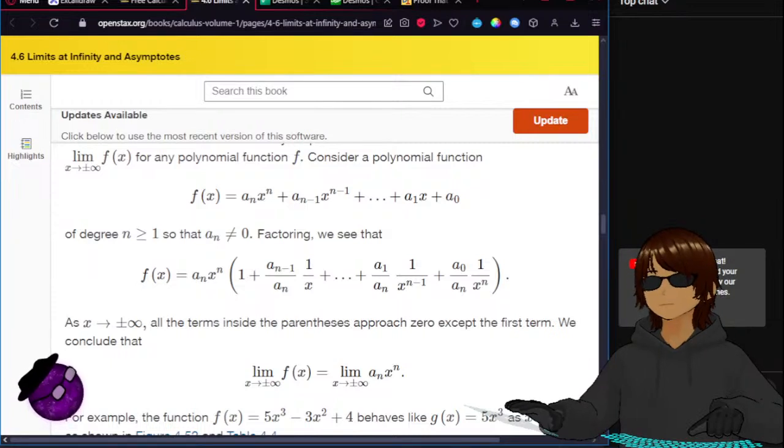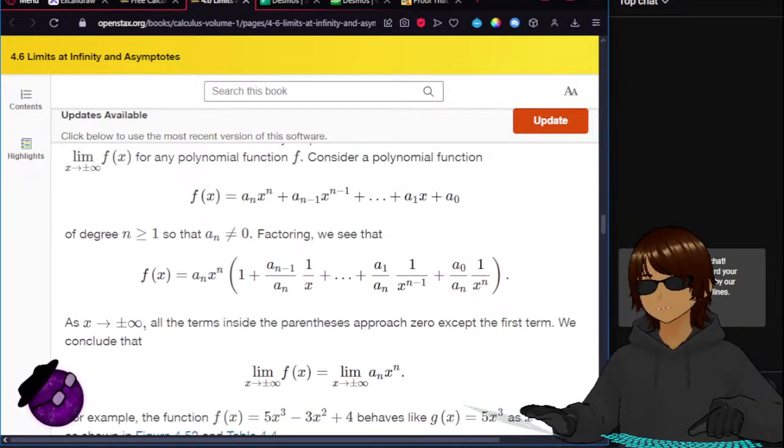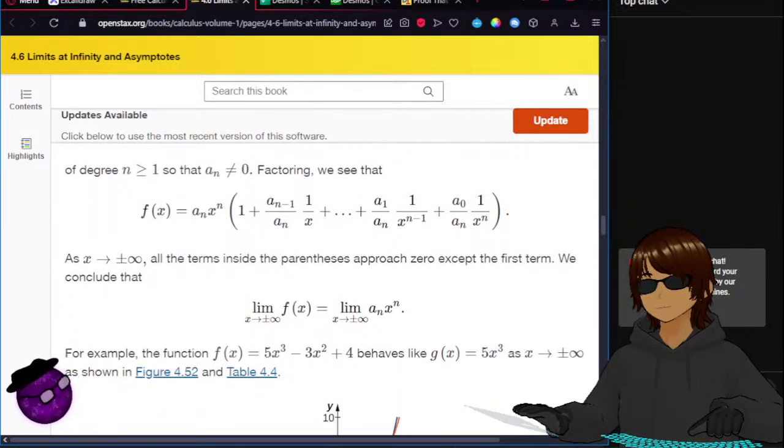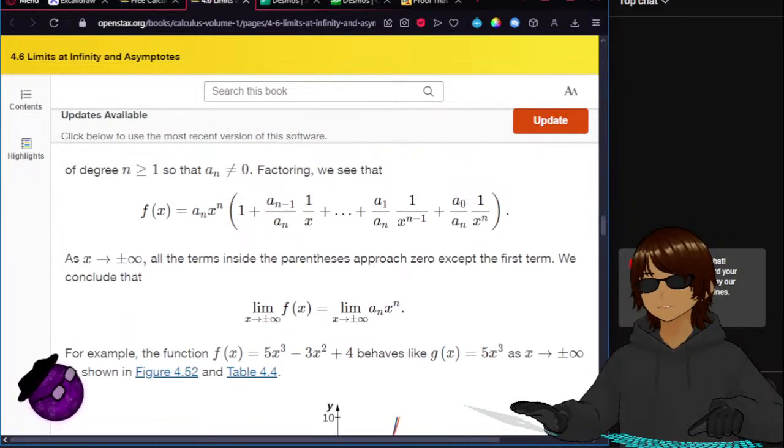Consider a polynomial function of degree n is more than 1. Factoring, we see that. So they factored this out. All of these cancel out.